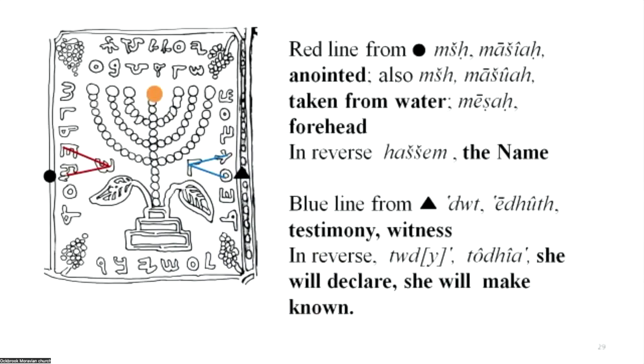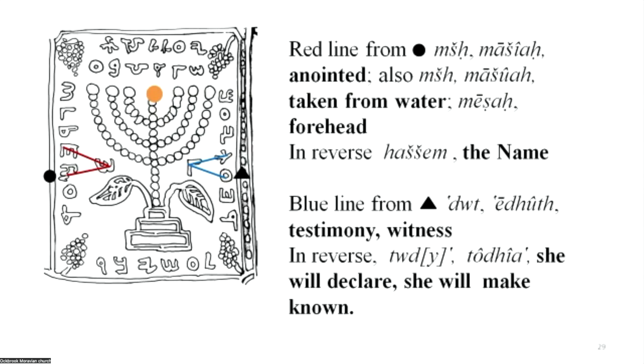Now we're back to those groups of 3 letters on either side of the Shaddai letters, on either side of the menorah. If you look at the red line and read it in from the dot, you can either have anointed, or if you read the alternative forms of the double letters, it can be taken from the water, which is interesting, or it can be the word forehead.